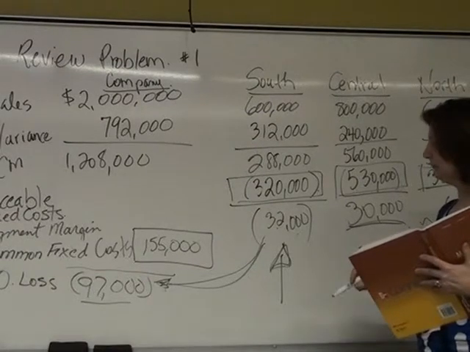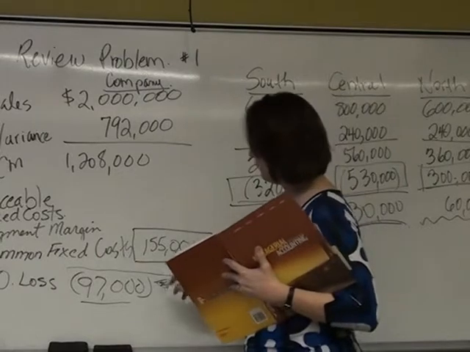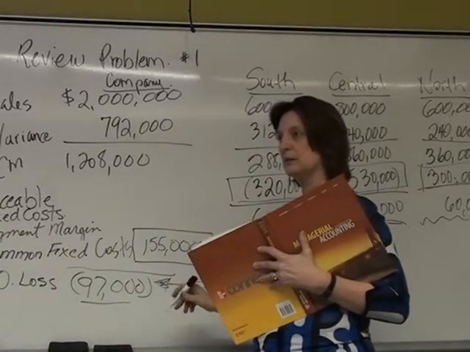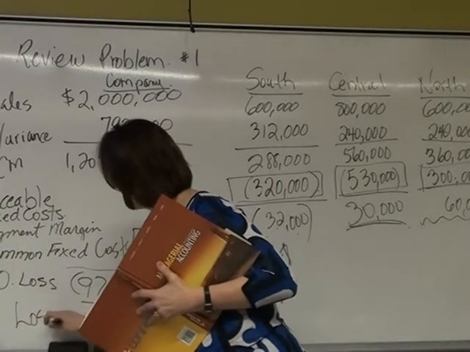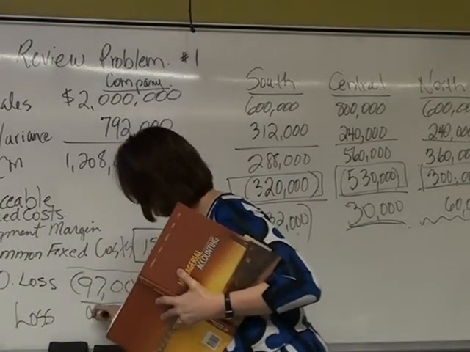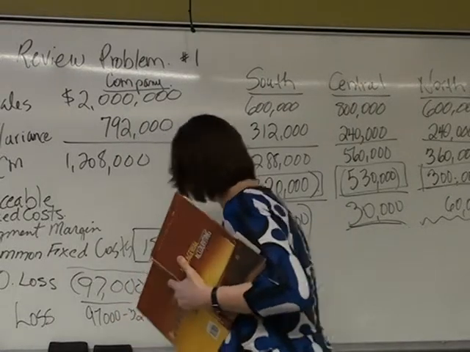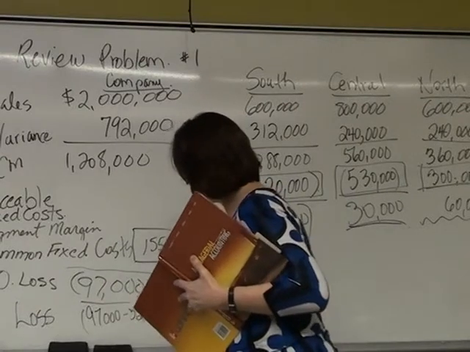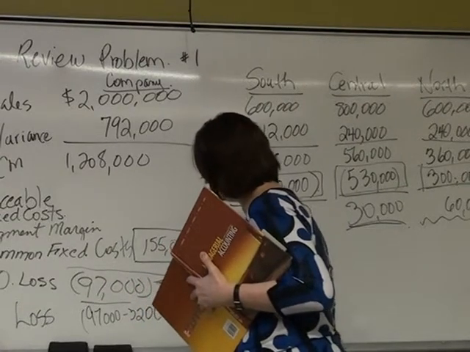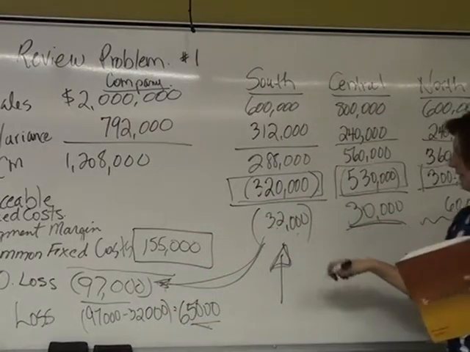It would be the 30 and the 60. 65,000? And what would it be, income or loss? Loss. Because this is only 32,000 of it, right? So they're going to have a loss of 65,000 if they drop this.